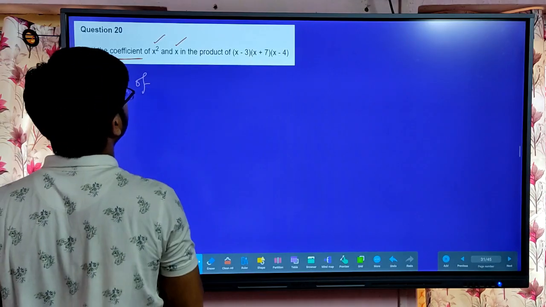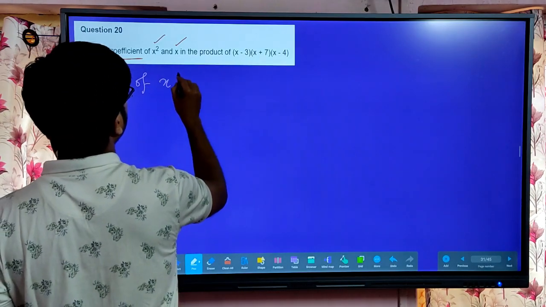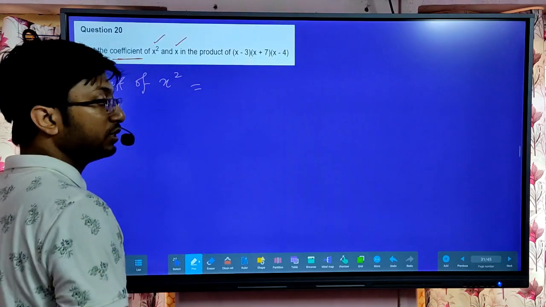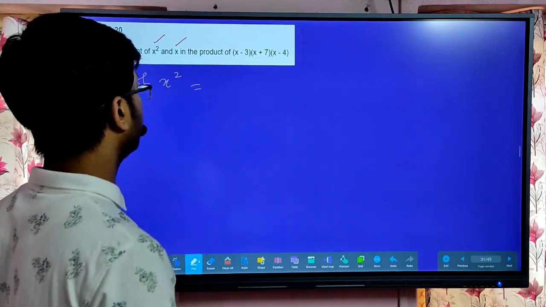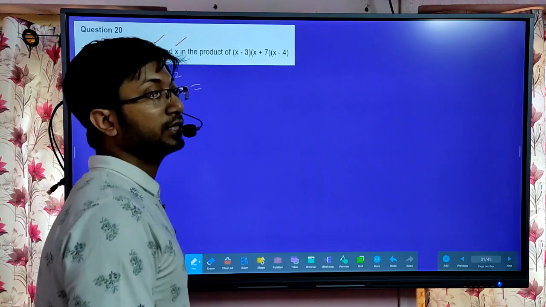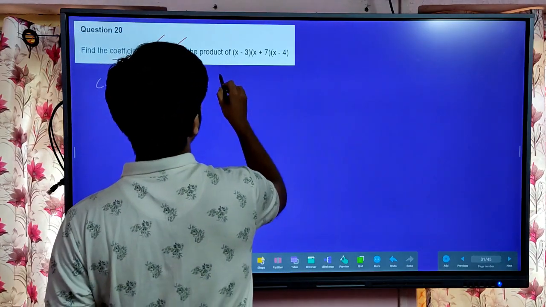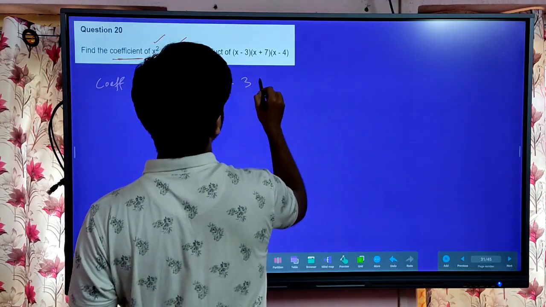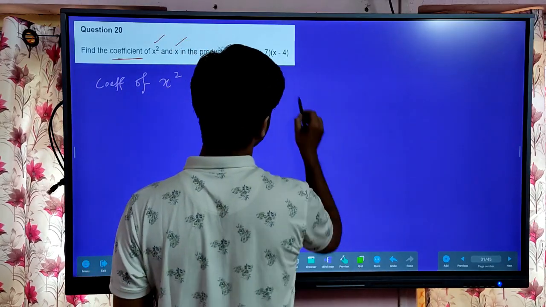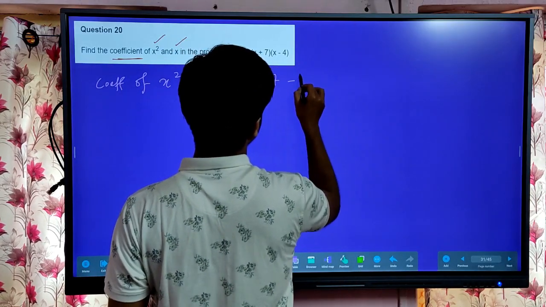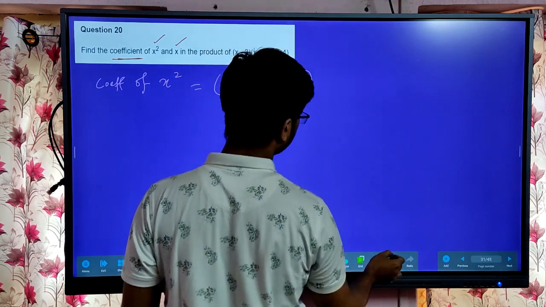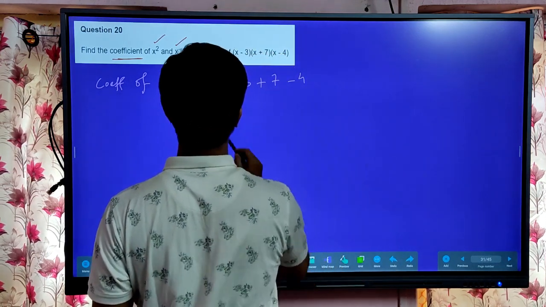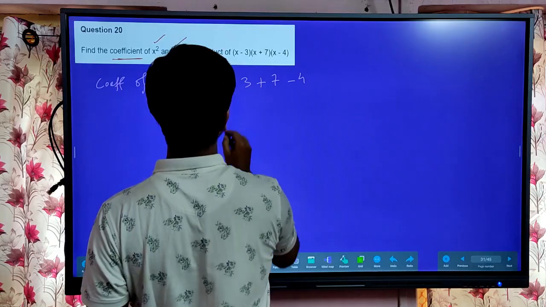Coefficient of x square will be equal to, try to remember what is the coefficient of x square, that will be a plus b plus c. So it will be minus 3 plus 7 minus 4. You don't need bracket because you are not multiplying with x.